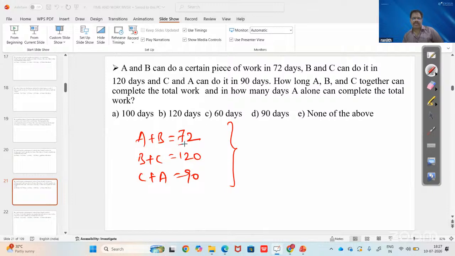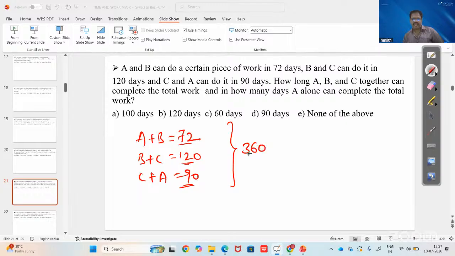Out of 72, 120, 90, the highest number is 120. So multiples of 12: 12 twos are 24, 24 is not in the 9 table. 12 threes are 36, 36 is in the 9 table. 9 fours are 36. Half of 72 is also 36. So the LCM equals 360.